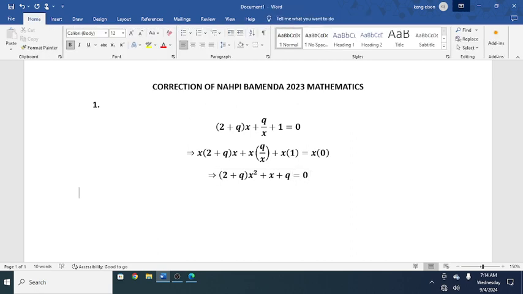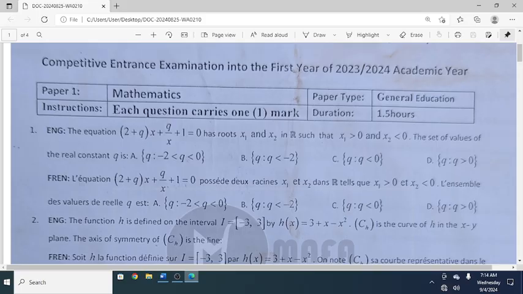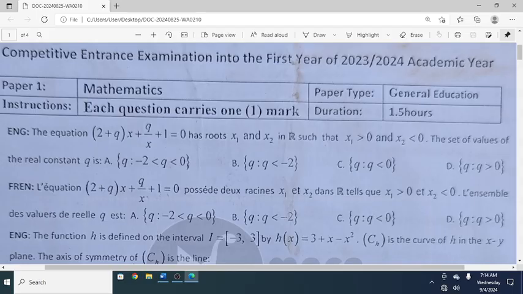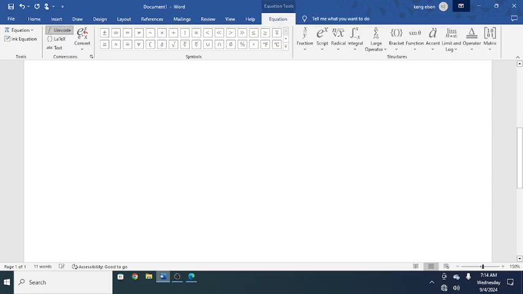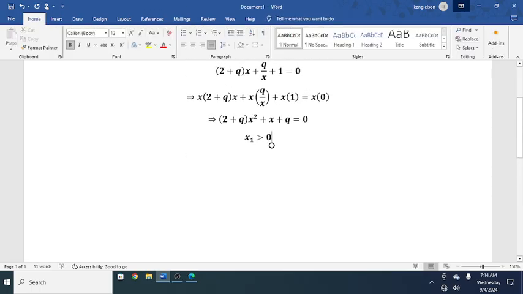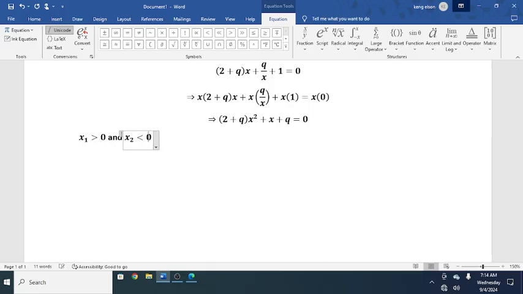According to the question, the roots are x1 and x2, and the roots have opposite signs: x1 is greater than 0 and x2 is less than 0. Using this information, we can conclude that the product of the roots will be less than 0.